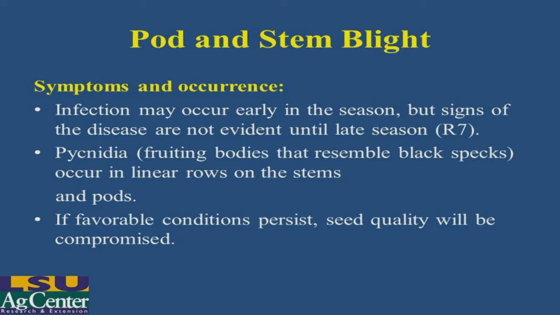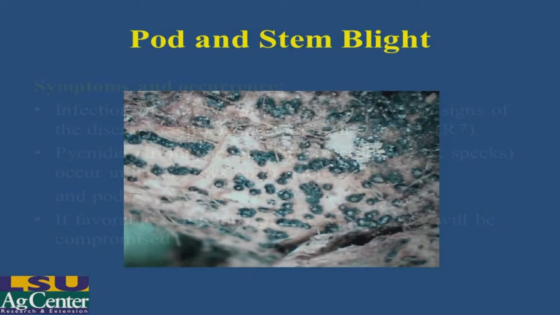In favorable conditions, seed quality will be compromised. This is an image of the pycnidia on the bean hull itself. That is not the place where the pycnidia line up. That's done on the stem and on the petiole.